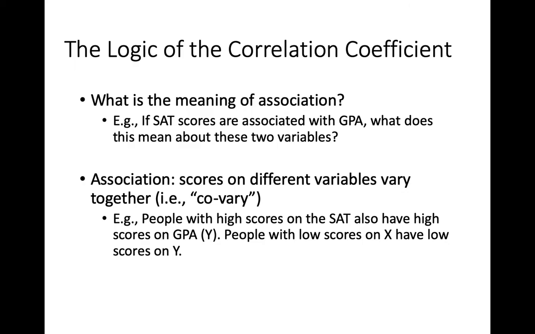They co-vary. So people with high scores on the SAT also have high scores on GPA. People with low scores on X have low scores on Y. Those scores are varying together. They co-vary.